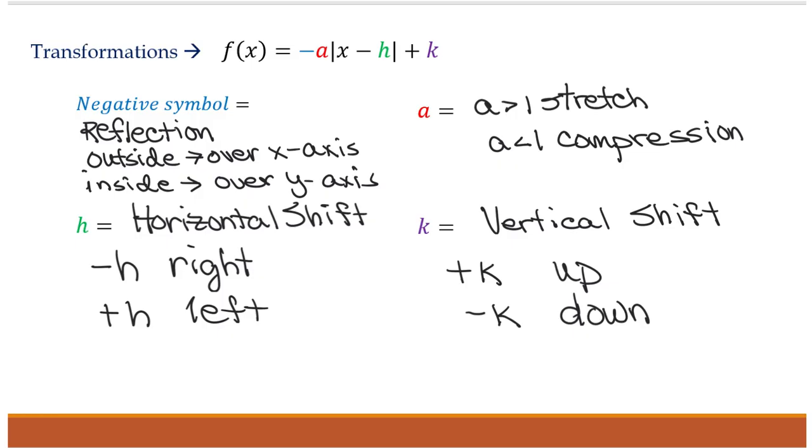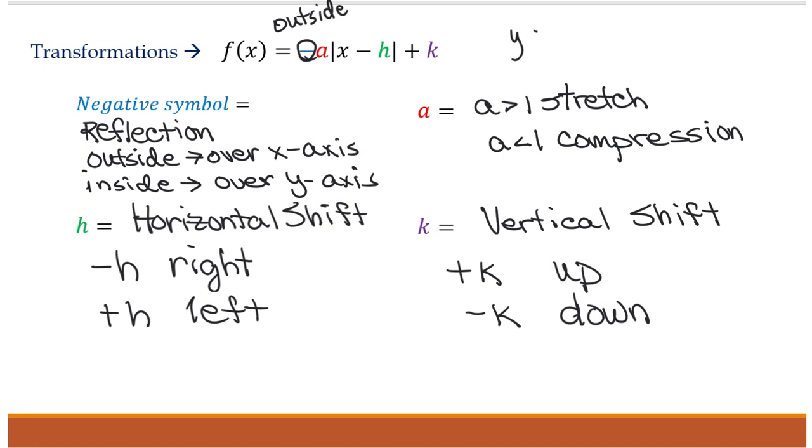All right, we've seen this slide many, many times with all different types of equations. We are looking at the transformations in terms of an absolute value function. The negative symbol, remember, represents a reflection. If the negative is outside, like it is shown here, that is going to represent a reflection over the x-axis.